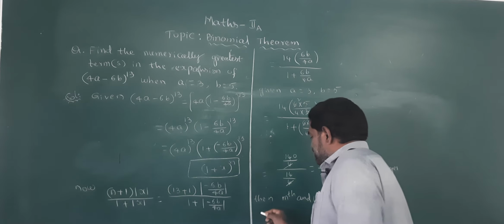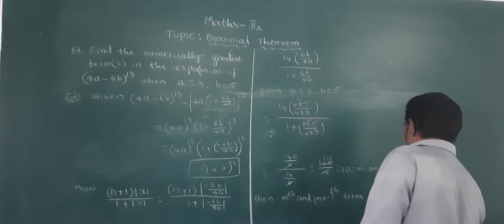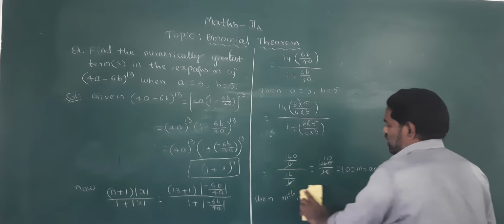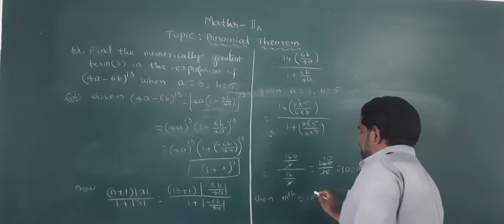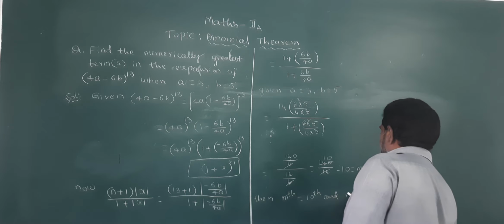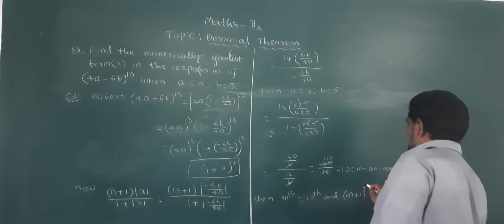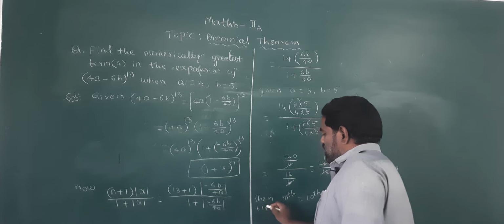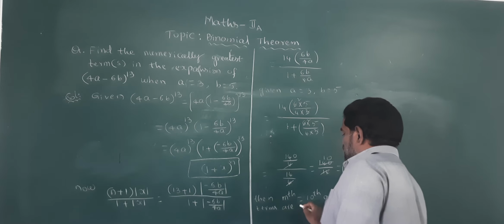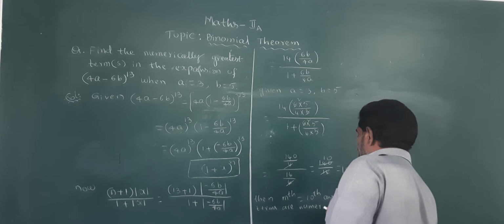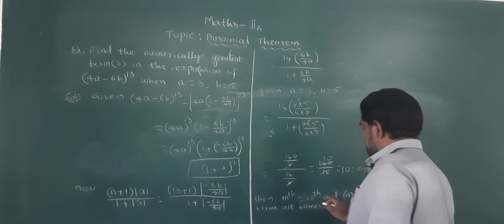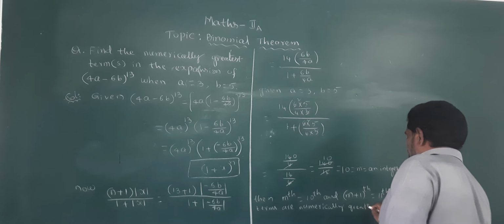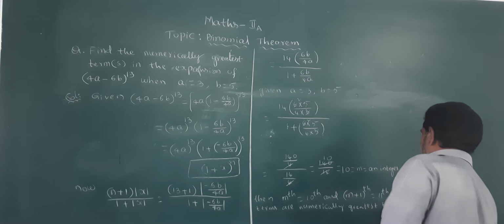That means m equal to 10, the 10th term, and the (m + 1)th term, the 11th term, are the numerically greatest terms of the expansion.